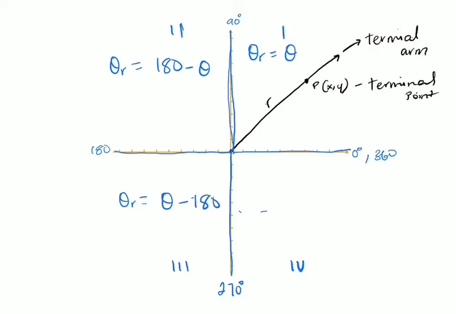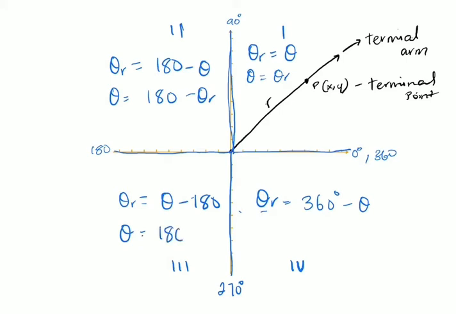And in quadrant 4, our theta reference is 360 subtract theta. Now, if you want to find theta instead of theta reference, in quadrant 1, your theta is the same as theta reference. In quadrant 2, your theta is going to be 180 subtract theta reference, right? In quadrant 3, however, your theta is going to be 180 plus your theta reference. And in quadrant 4, it's just going to be 360 subtract theta reference. It's the same thing, just a little bit different.